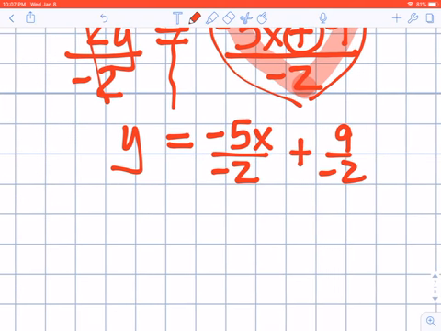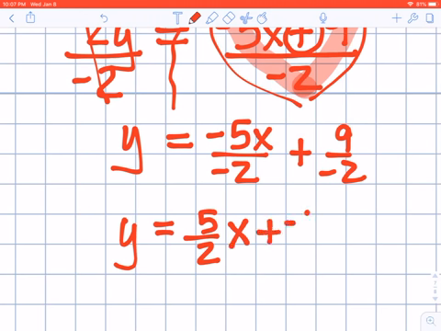Rewriting that so it's a little bit cleaner, my slope would be, the 2 negatives cancel, so I would just have 5/2. The x doesn't need to be up with the 5, I can just park it next to it like that. And then 9 divided by -2 is -4.5. Hopefully that makes sense, so now we can see the slope 5/2.